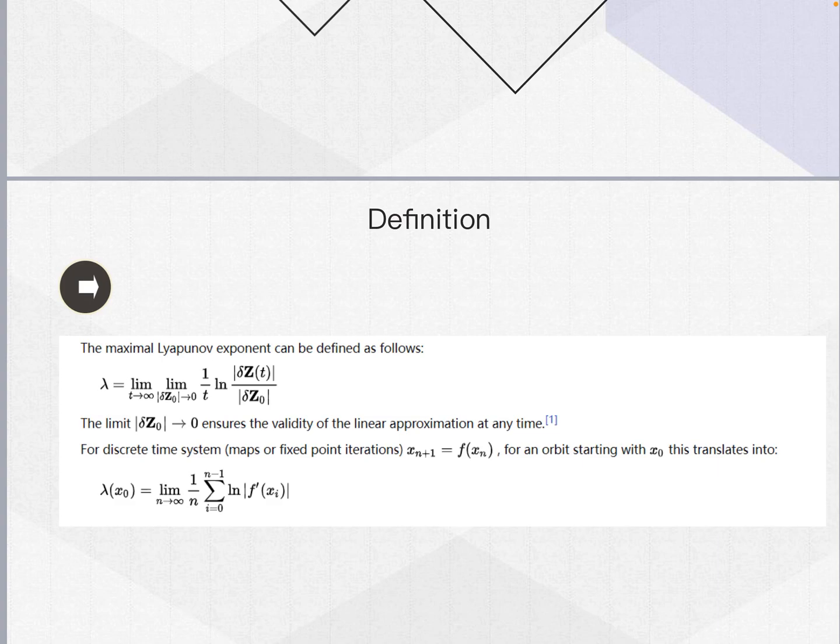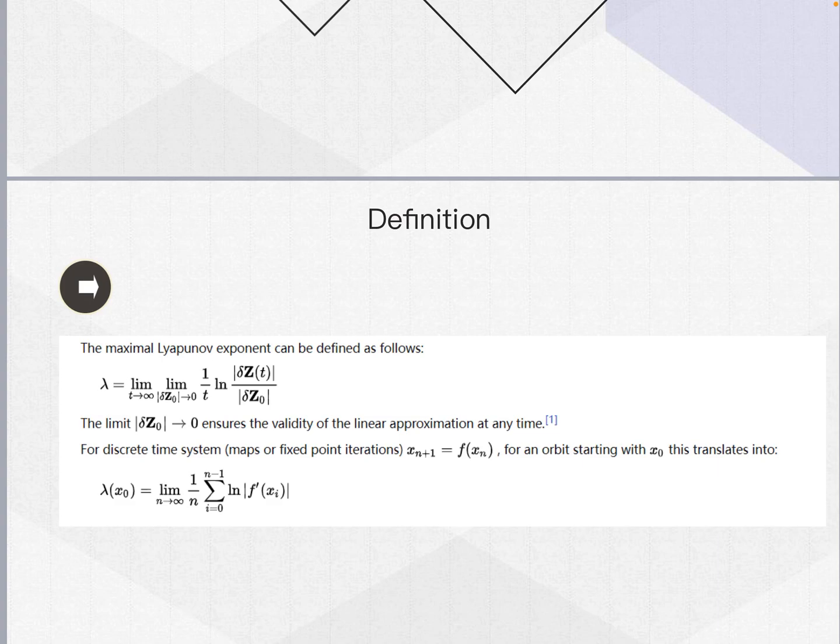And the rate of separation can be different for different orientations of the initial separation vector. Thus, there is a spectrum of Lyapunov exponents equal in number to the dimensionality of the phase space.